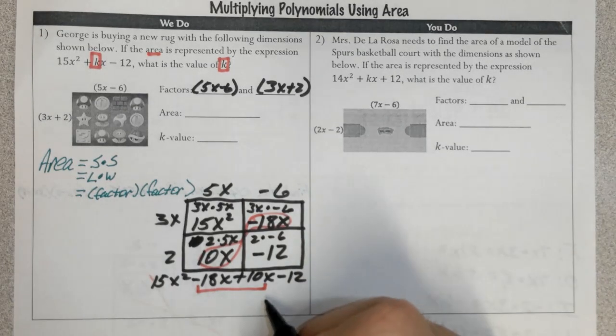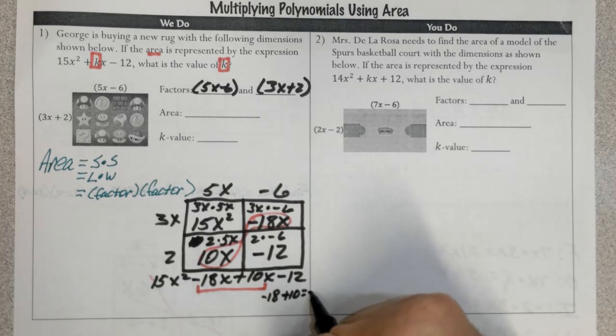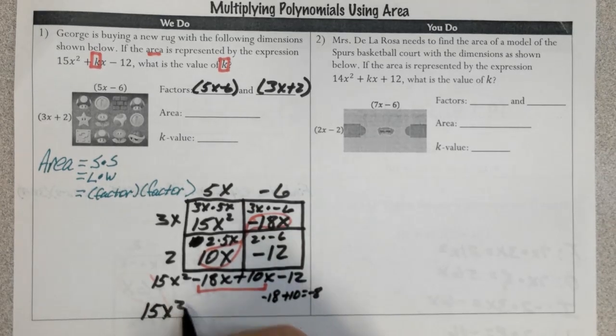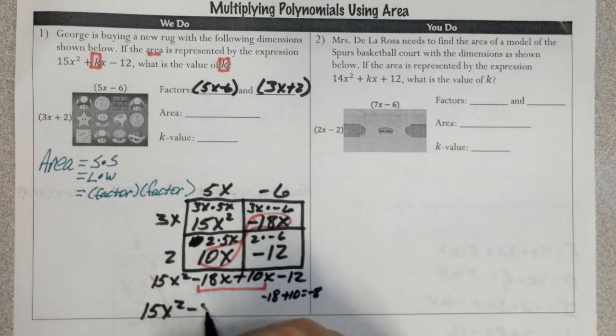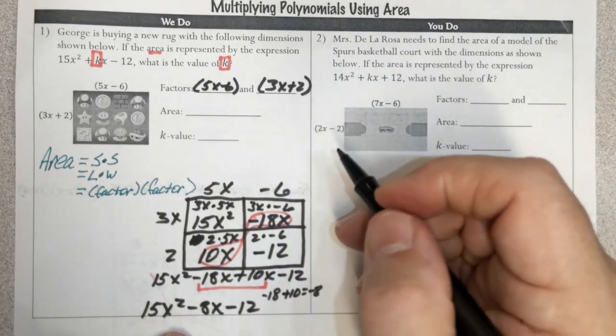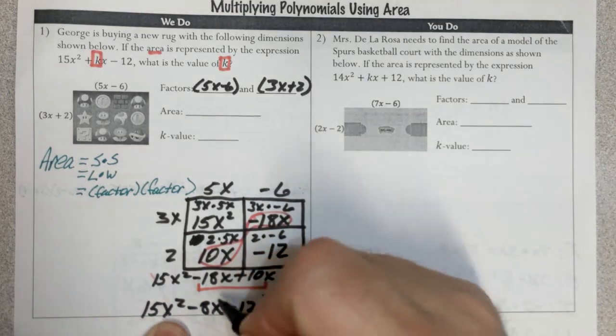To do that in Desmos, you go negative 18 plus 10, which gives us negative 8. So our answer here is going to be 15x squared minus 8x minus 12. Okay. So this is going to be our area.